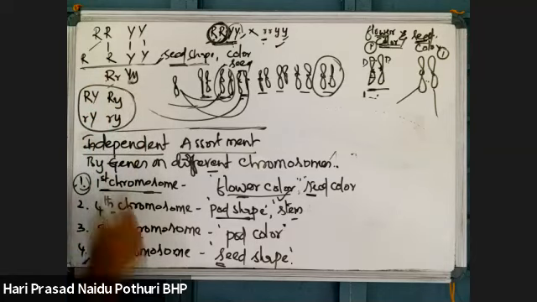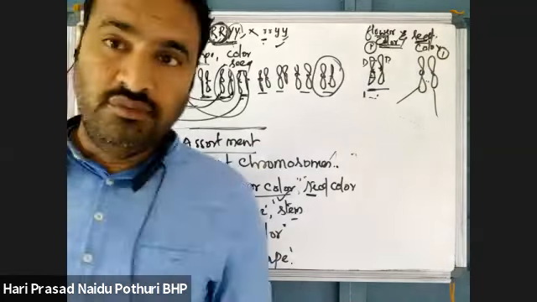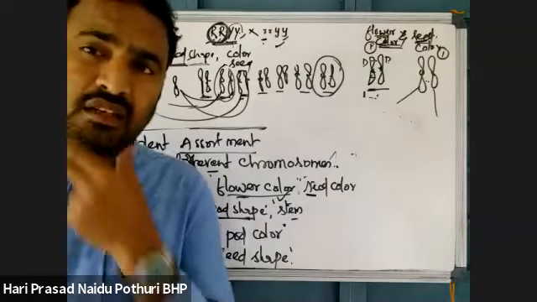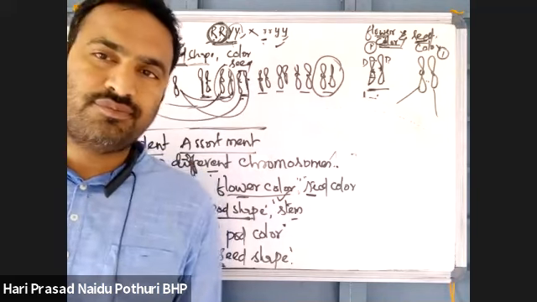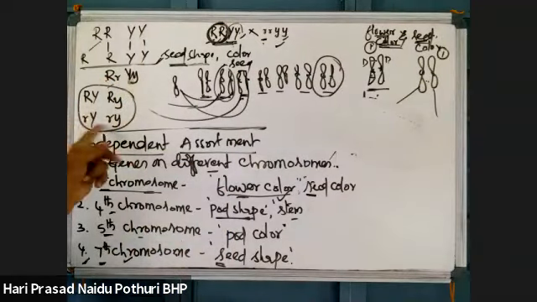Four kinds of gametes are possible according to the law of independent assortment, what we discussed in the previous class. Right? 50%, 50%. This is possible.